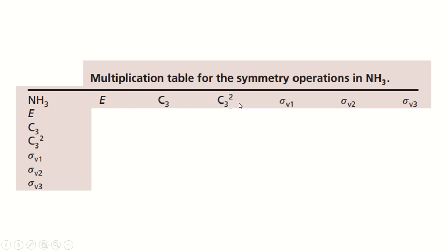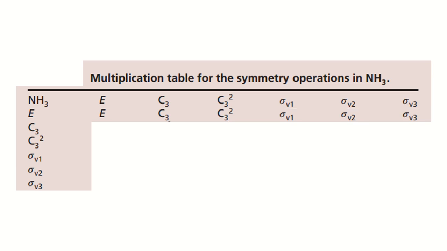The same is the case with C3 twice. What happens if we apply identity to the molecule and then C3 twice to the molecule? The resultant would be C3 twice. So here is the complete description of the first operation that would occur between the first column and the row.